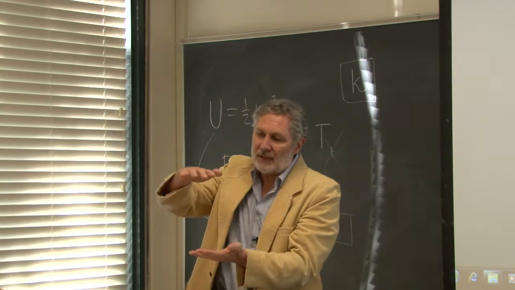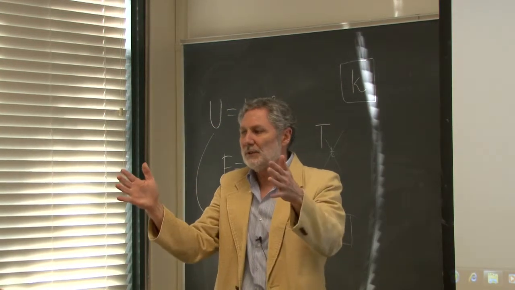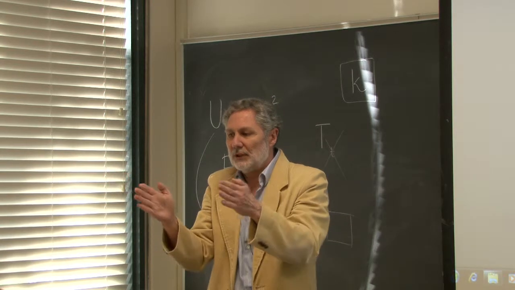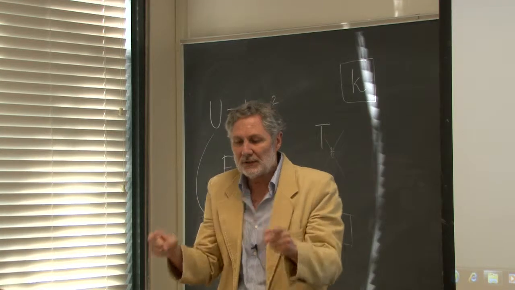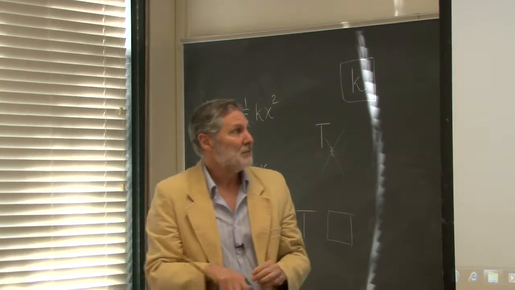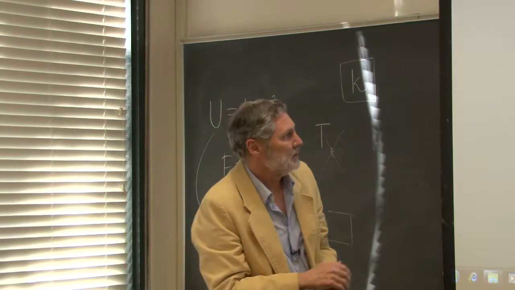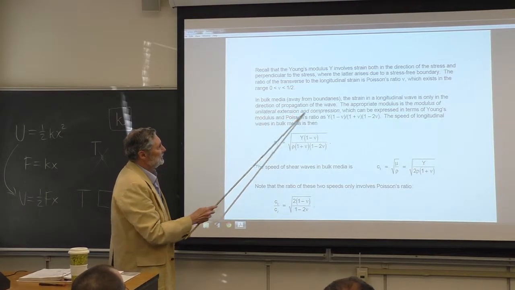So the fact that you have a very large extent of the spatial medium this way means that when this wave comes along here, the motion is purely going to be longitudinal. That's called unilateral compression and extension. And I think I mentioned this to you in the past, that modulus is called the modulus of unilateral extension and compression.